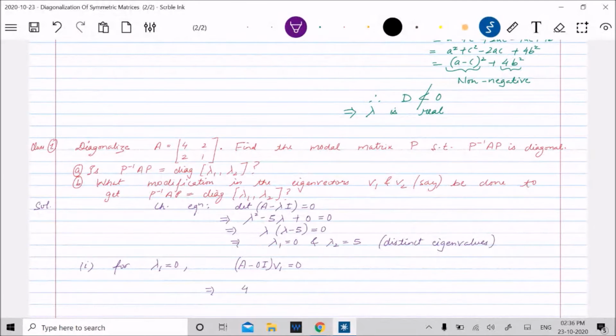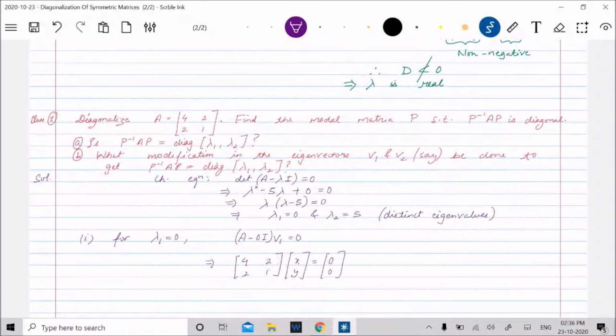That gives you 4 2 2 1, and for v1 you write x y, and the right hand side is the 0 vector, so you replace it by 0 0. Then you observe that this is a homogeneous system, and you always go for applying row operations to get the elements below the principal diagonal to 0. So the operation you will be using should be R2 implies twice of R2 minus R1.